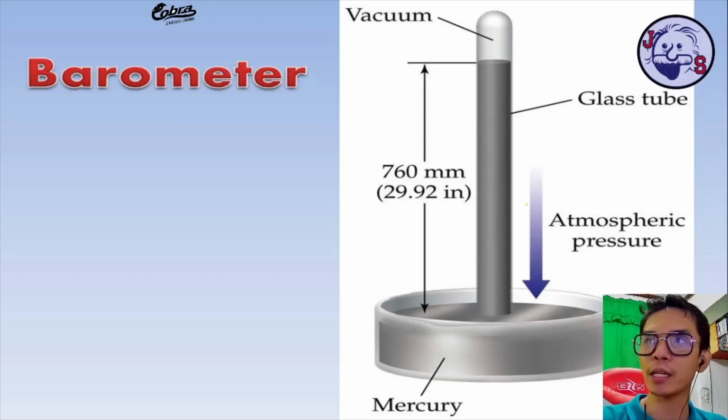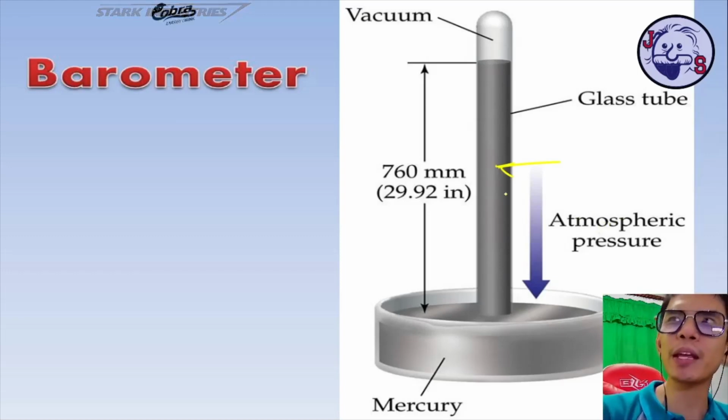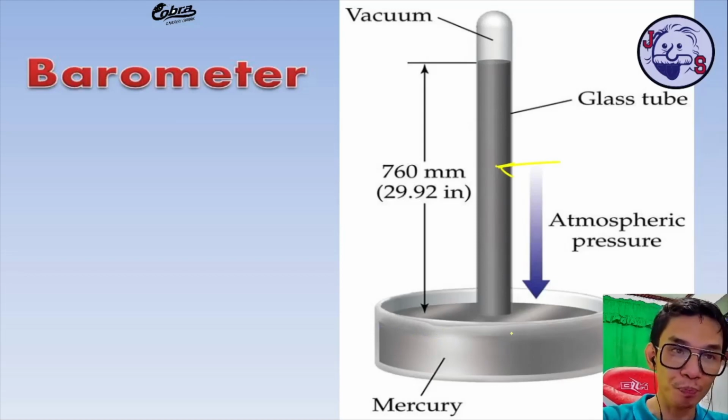The gray that you see here is the mercury. That is why the very familiar measurement of atmospheric pressure during that time is in millimeters of mercury. What we have right here is an improvised barometer, with mercury placed in a petri dish over here.